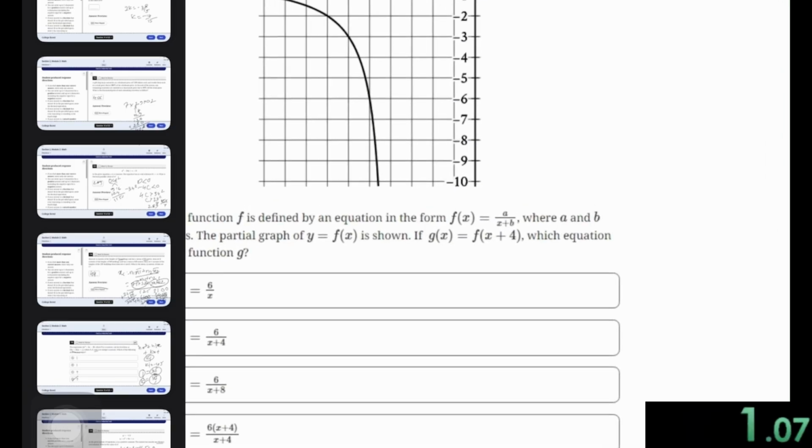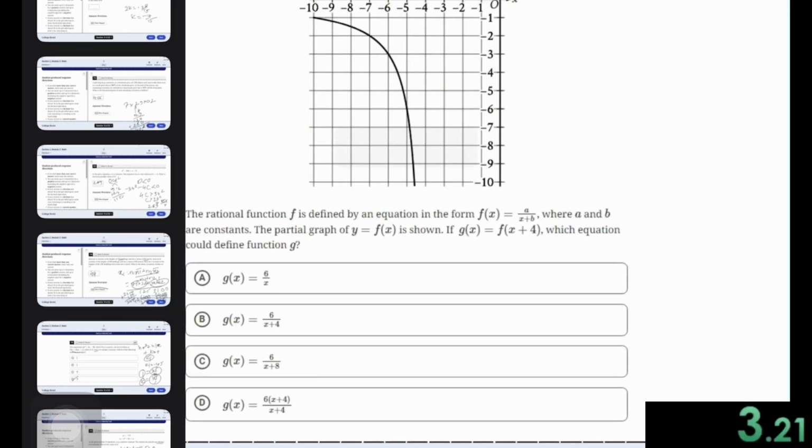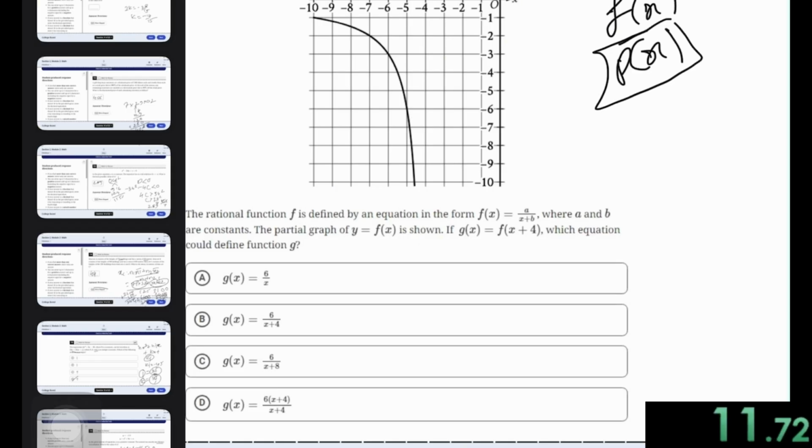Okay, so in any equation like this, where it's represented in the form of a fraction, like f of x upon p of x, this one is the vertical asymptote. So what is the vertical asymptote here? The vertical asymptote is minus 4, which means the denominator should be x plus 4.